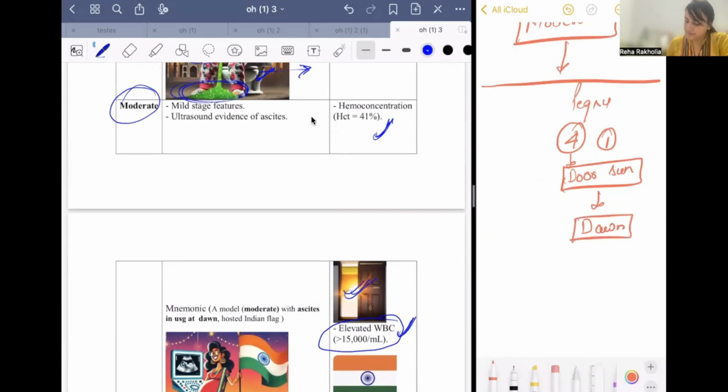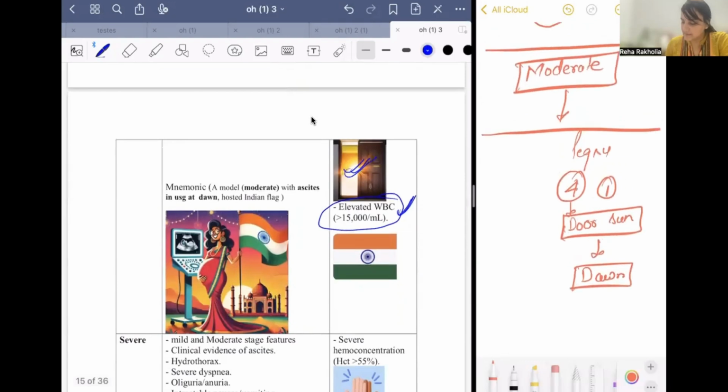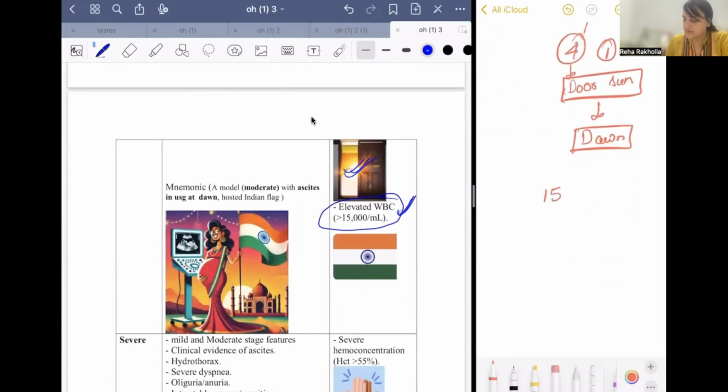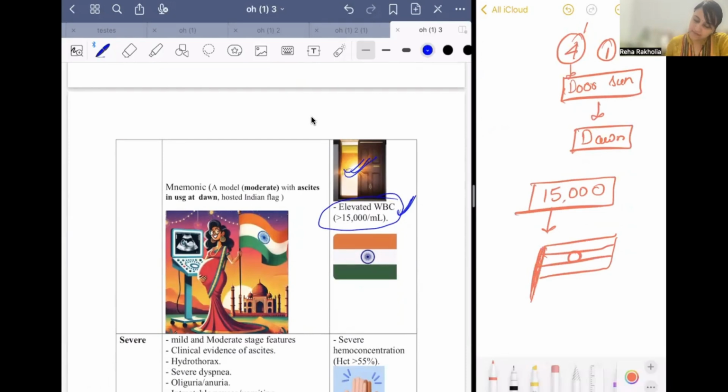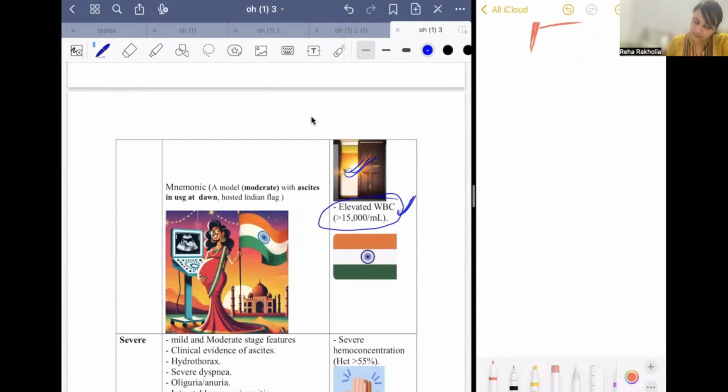And for 15,000 WBCs, I'll remember 15 by 15th August, our Independence Day. Okay. So now there is a picture mnemonic. Model means moderate.